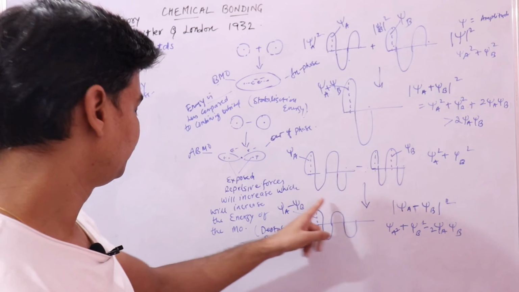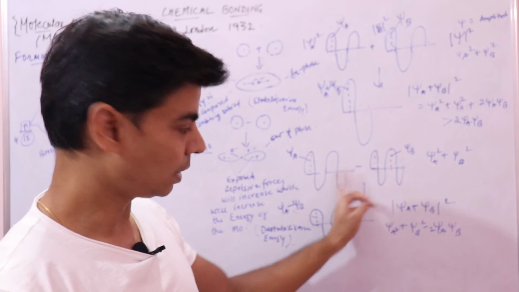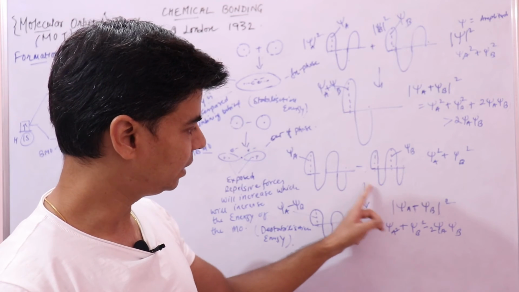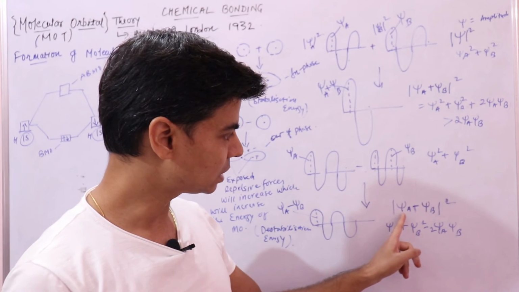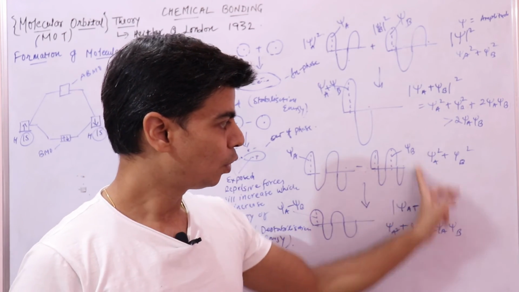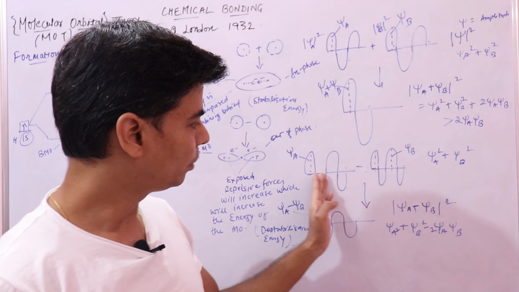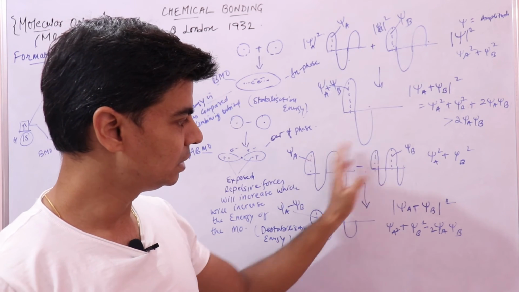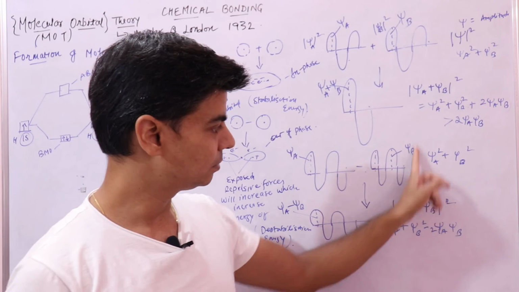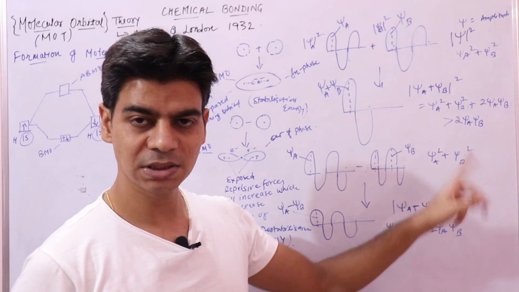Before combining, the probability of finding the electron in the internuclear region is psi a square plus psi b square, or simply we can say that the probability of finding the electron in these two waves combined is psi a square plus psi b square.